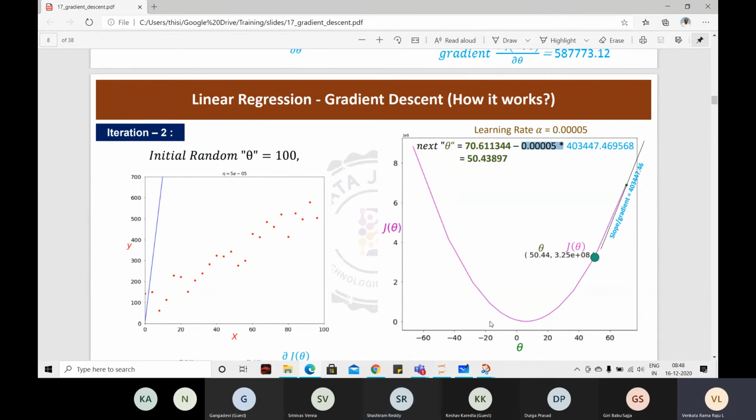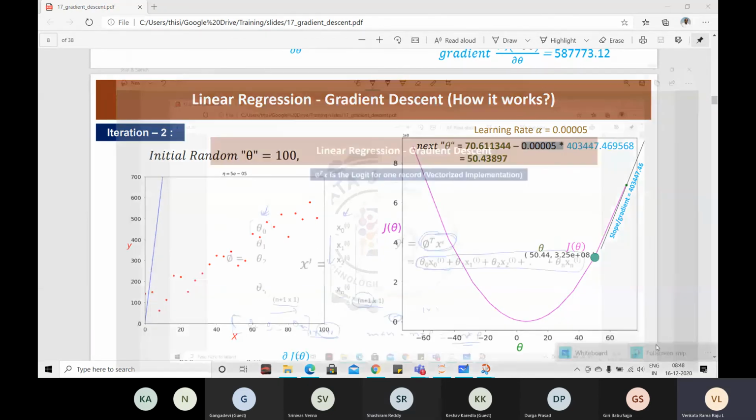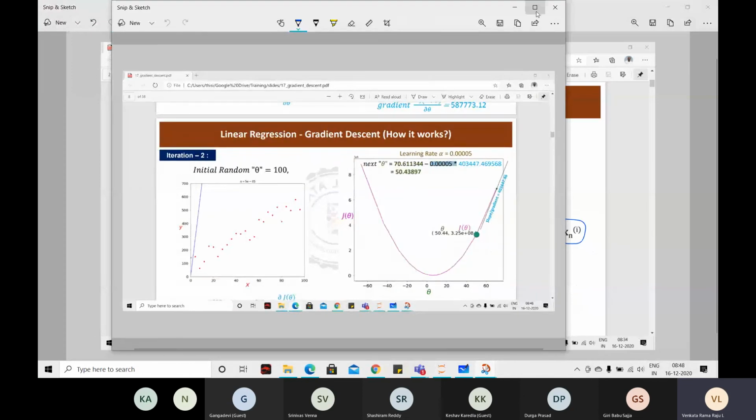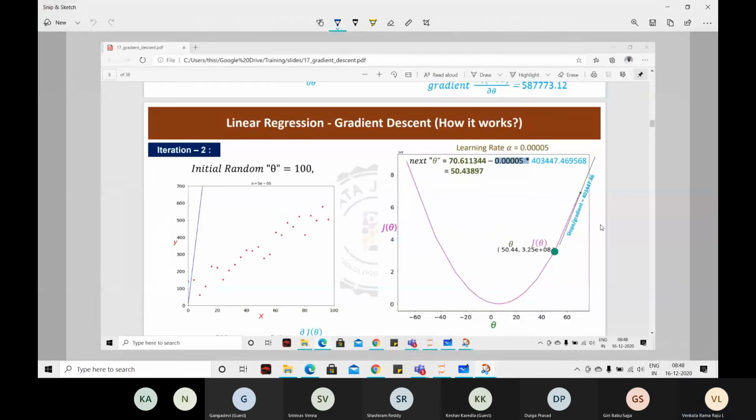When it is a big negative number, what happens? This dot is going to be somewhere on top, right? So when it is on top, the slope is 4 lakhs and I don't have this constant, and the next theta is equal to minus 4 lakh.